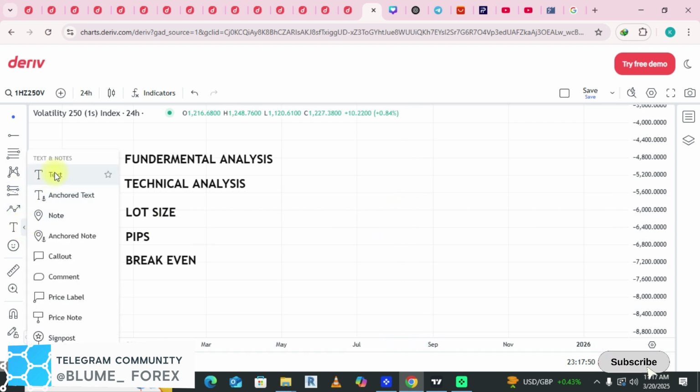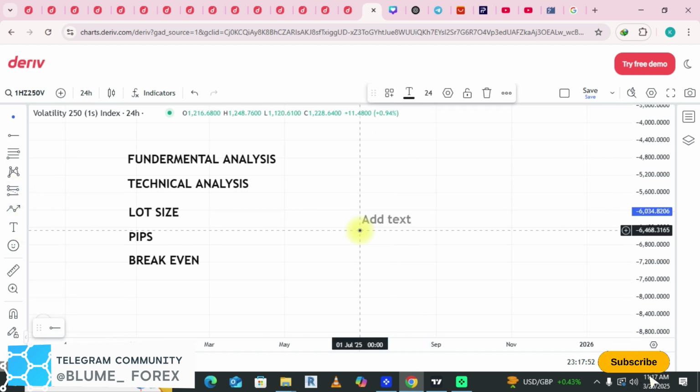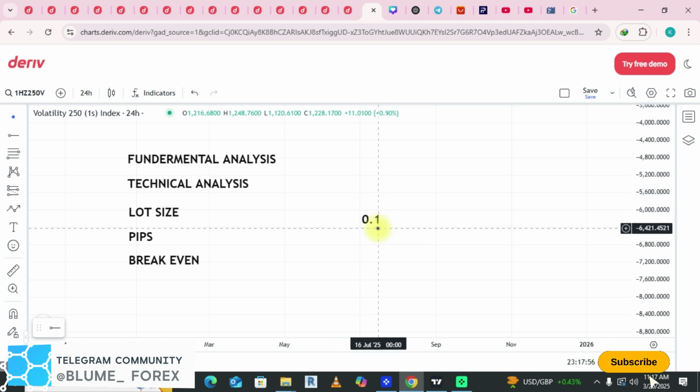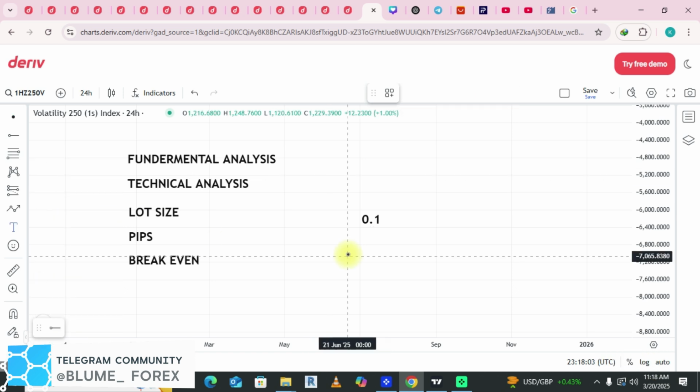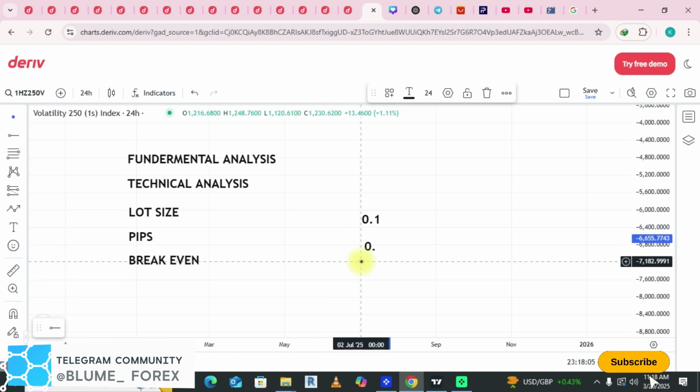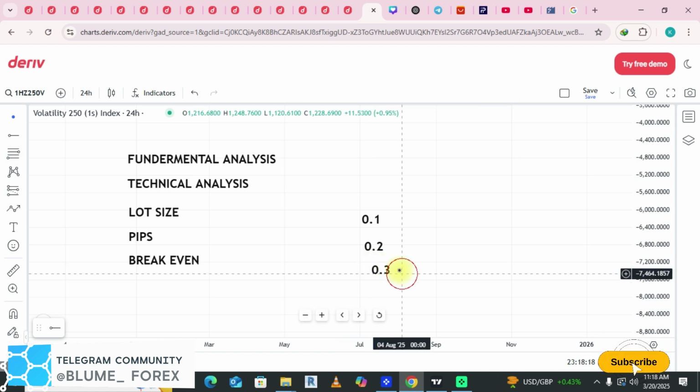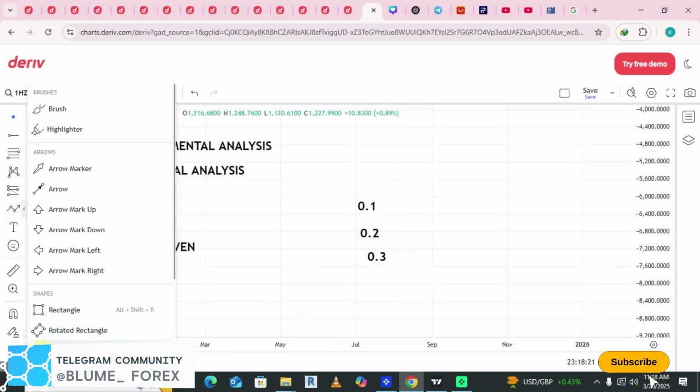We have 0.1. We have 0.2. We have 0.3, 0.4, 0.5, 0.6, 0.7, 0.9, and then from 0.9 we move to one lot.